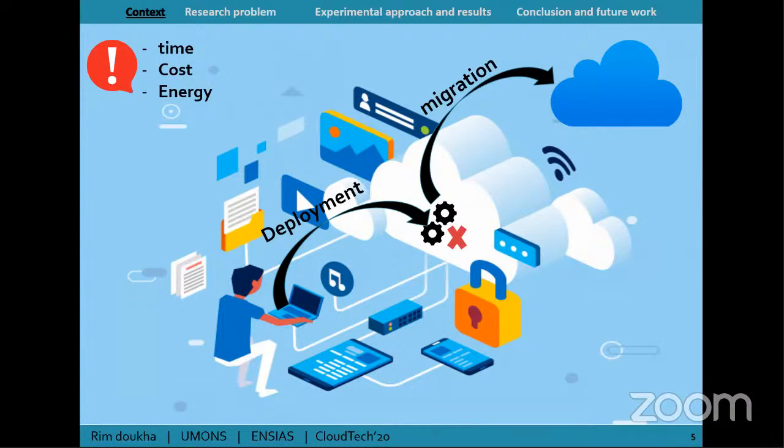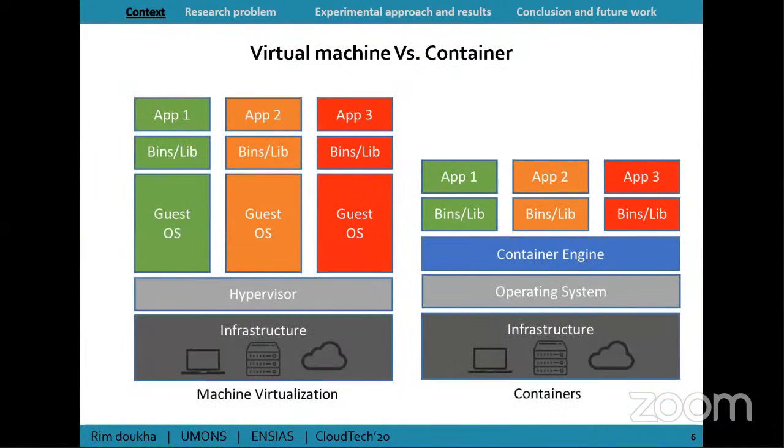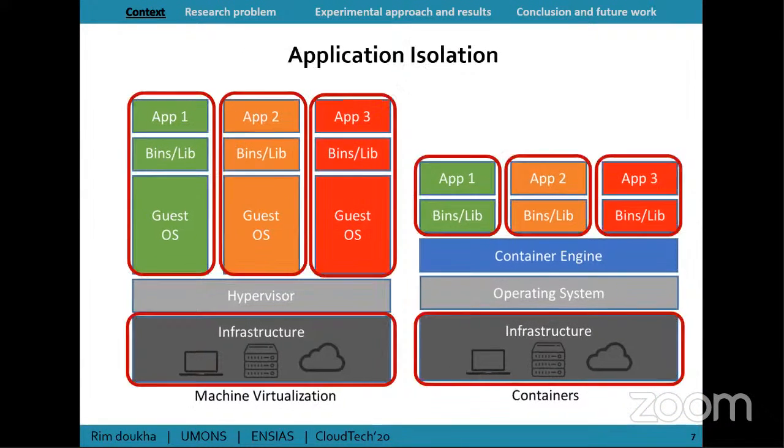The idea is to isolate the application from the infrastructure running it to meet the portability needs and to make the migration process easier. Virtualization and containerization are the technologies to create a set of isolated environments from the infrastructure.